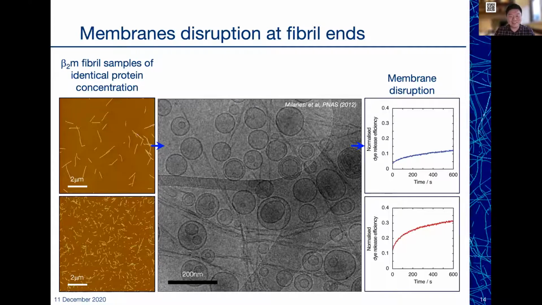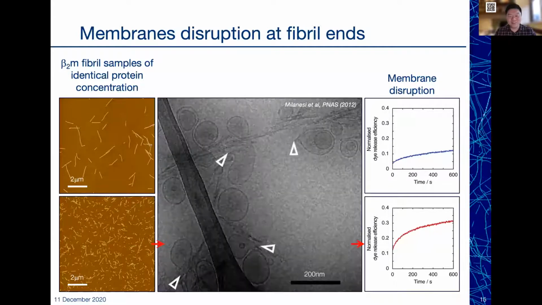Here I'm showing you the EM picture when the vesicles are put together with long filaments, compared to when the vesicles are incubated with very short fibrils with a lot of ends. Then you see that the fibril ends are the ones that disrupt how the membrane looks.